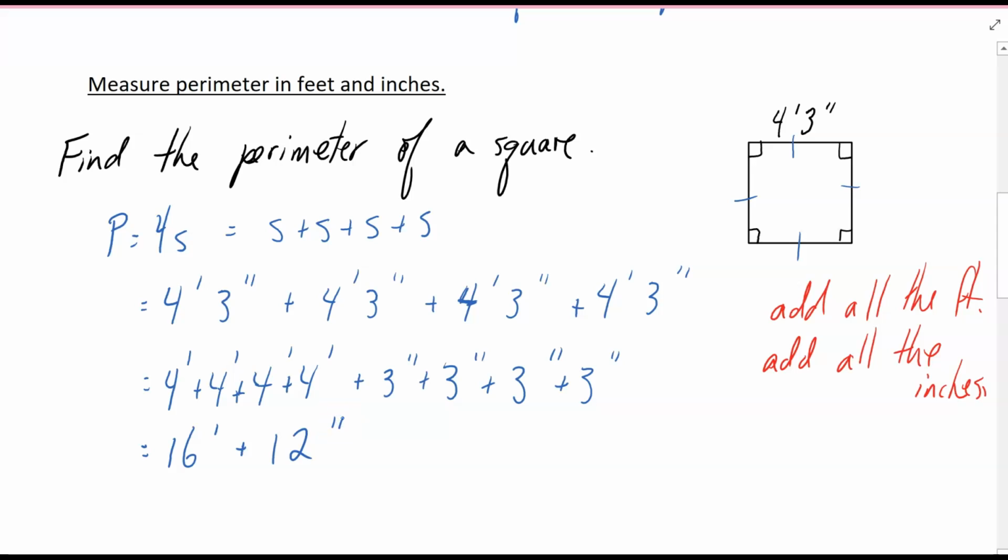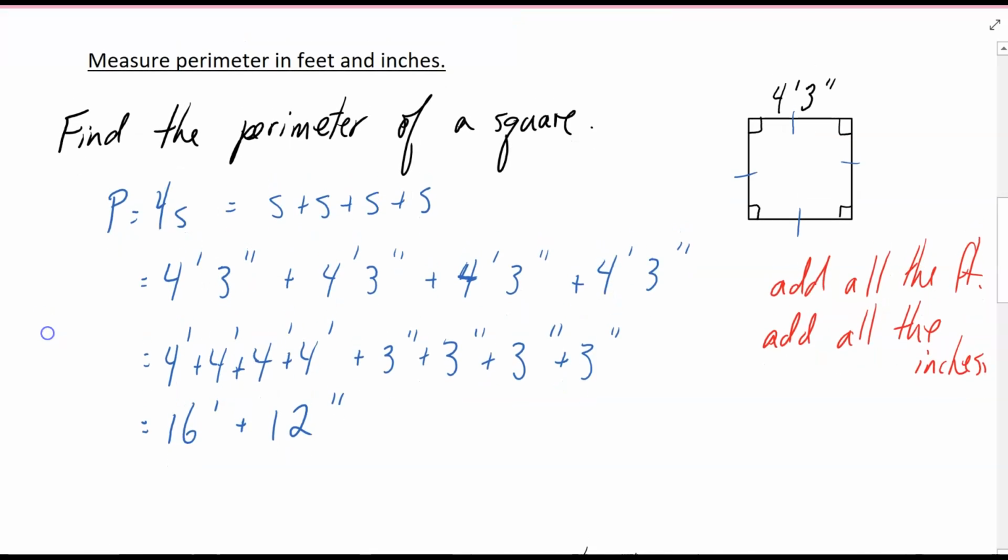Now I want to express this all in feet and inches. It would be a little bit strange since 12 inches is actually equal to 1 foot, and it's even. So instead of being 16 feet 12 inches, we would express this as 17 feet and 0 inches.